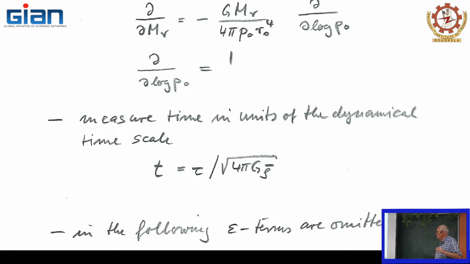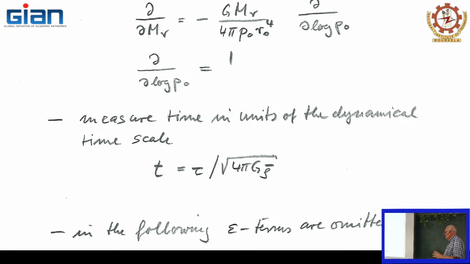The dynamical timescale is nothing but the square root of G times the mean density of the star, which is also what is contained in the period-density relation. So we go from time t to a dimensionless time tau by dividing by the dynamical timescale, which is the square root of 4 pi times the gravitational constant times the mean density.